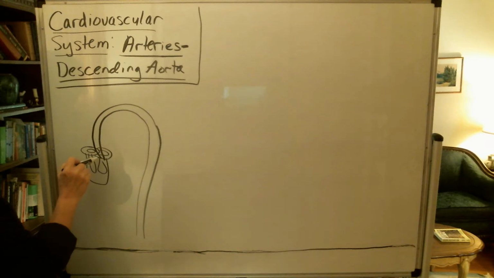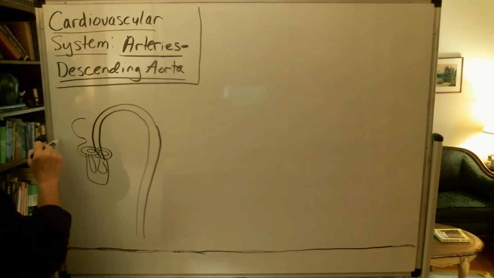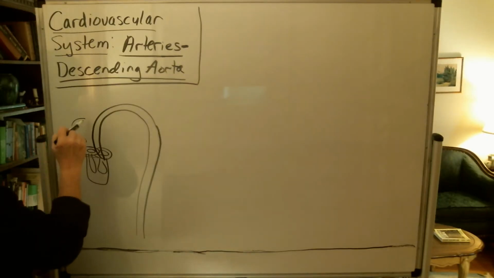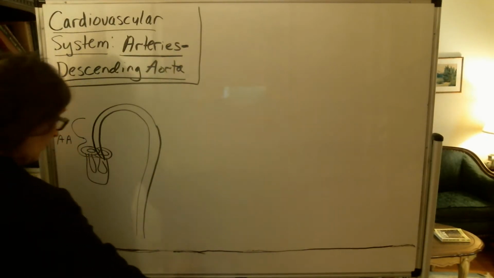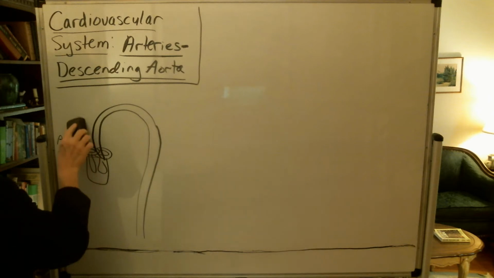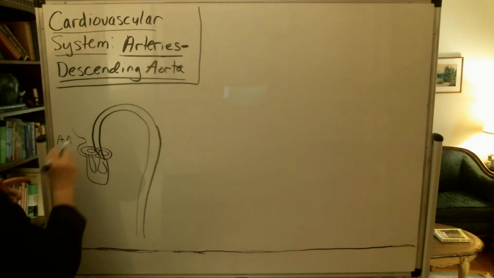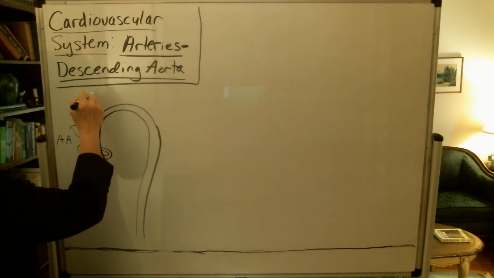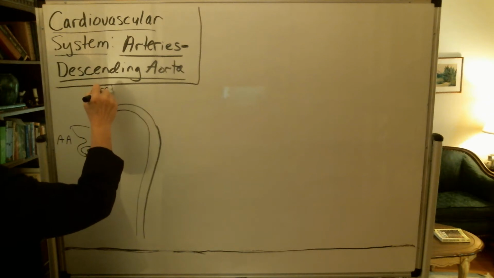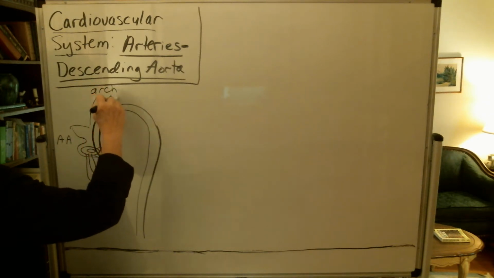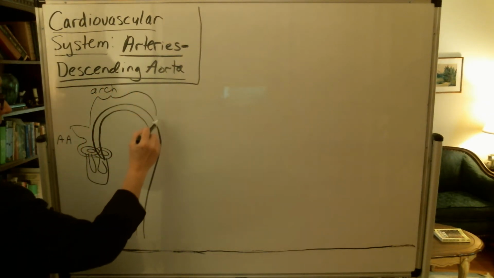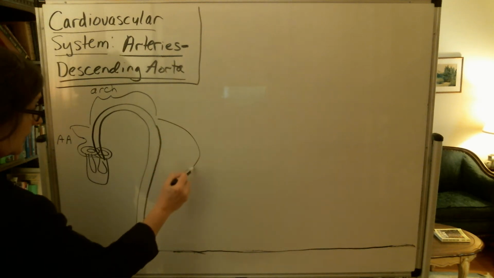So here we have the aorta. You recall the ascending aorta, then the arch, which is here. And then we have the descending aorta.